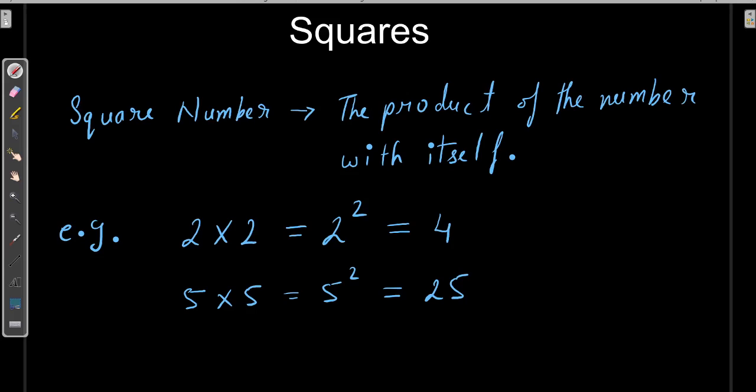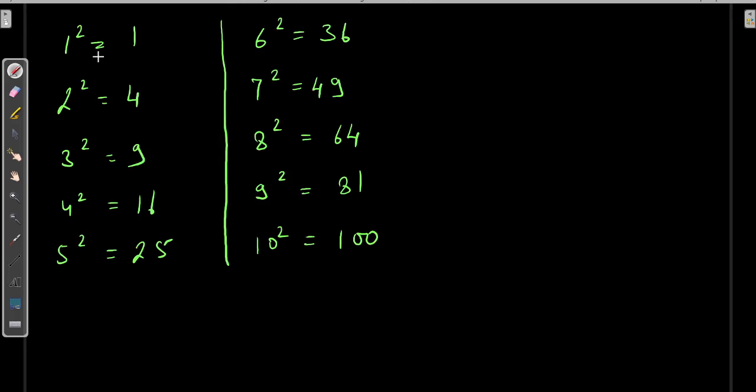So there are various properties of the square numbers which we'll study next, and on the basis of these properties questions have been asked. So we come to the first property. Here I have already written the list of the square numbers from 1 to 10.